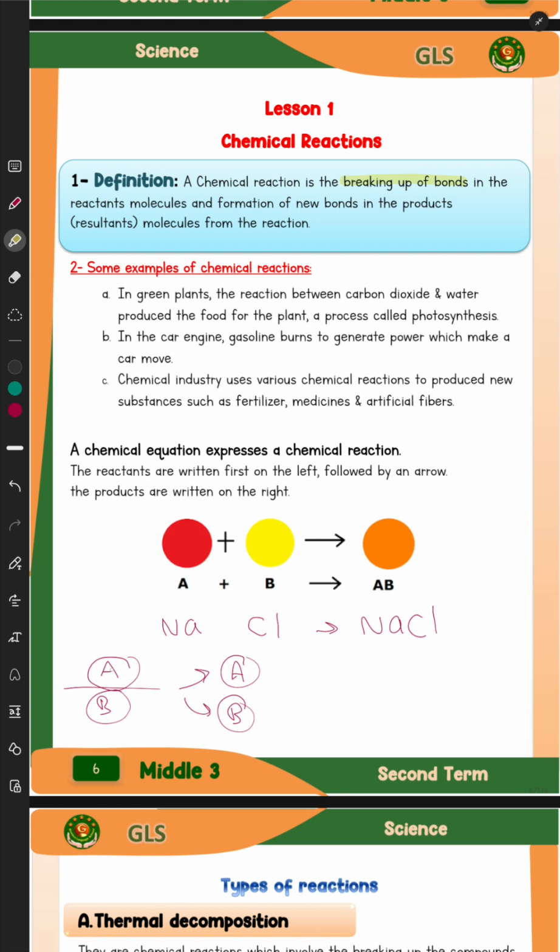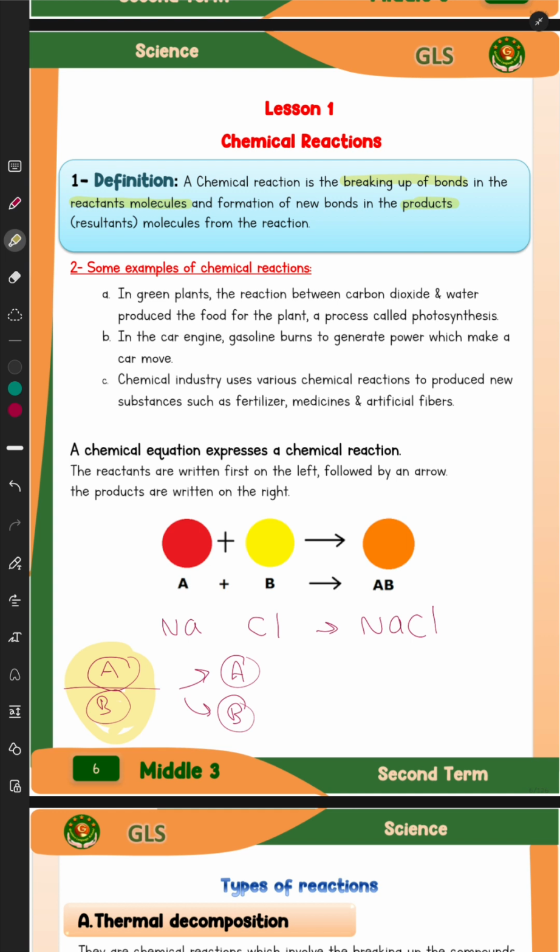These are the reactants. So we will break up the bonds between the reactant molecules, and the formation of new bonds in the product results. So the product will make a formation of new formula.